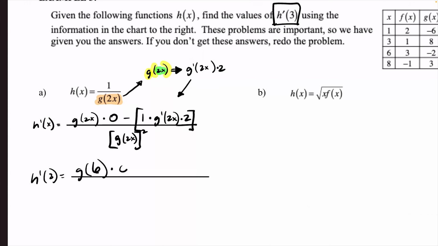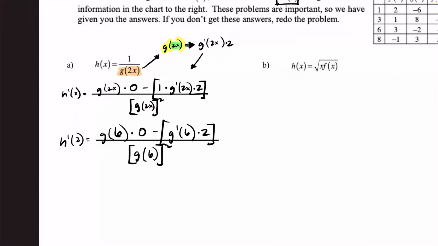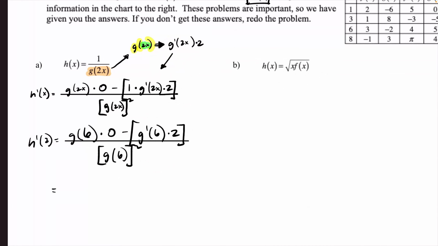And this one's actually for naught, because it's just multiplying by 0. So that's going to be 0 when you end up multiplying. And then 1 times g prime of 6 again times 2 over g of 6 squared. So this guy ends up going away because anything times 0 is just 0.